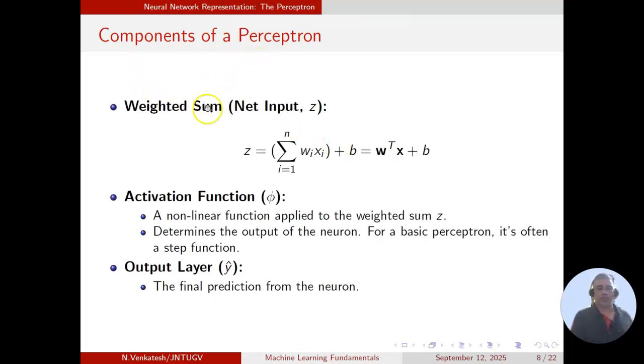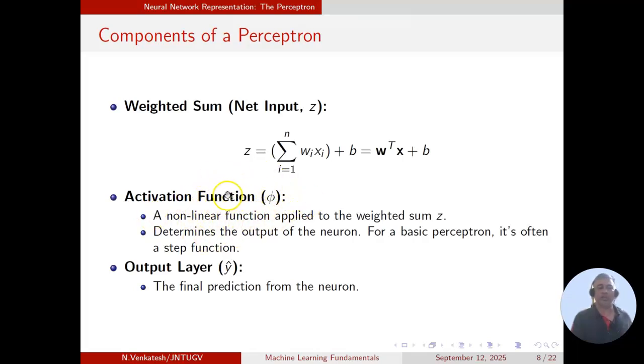So now we have this weighted sum, that is Z equals sigma i equals 1 to n Wi xi plus B. B can also be represented as W naught, and you can take x naught as 1, then you can also represent this as sigma i equals 0 to n Wi xi. Now you have an activation function.